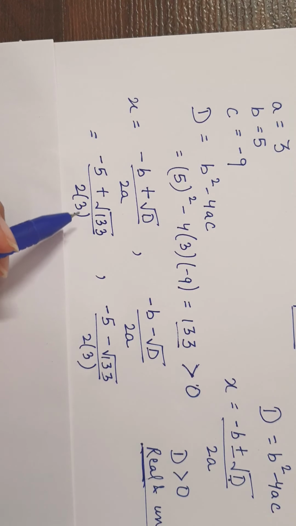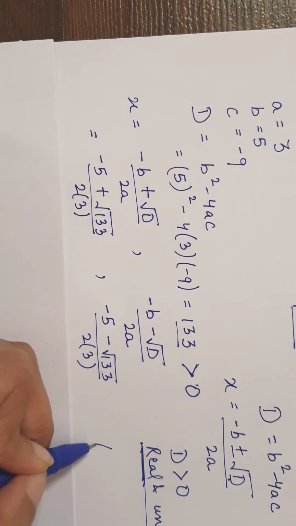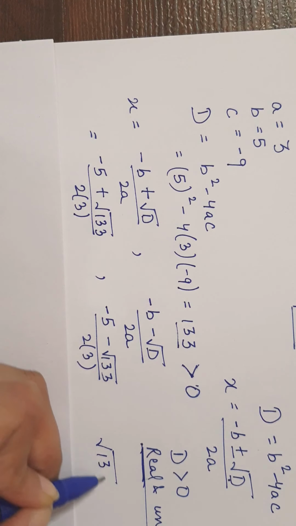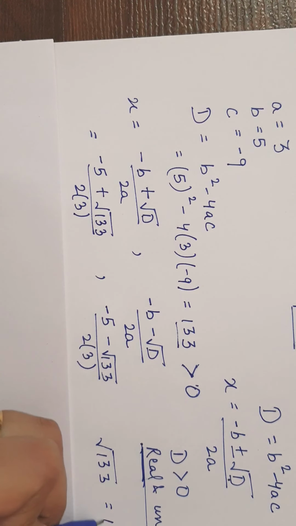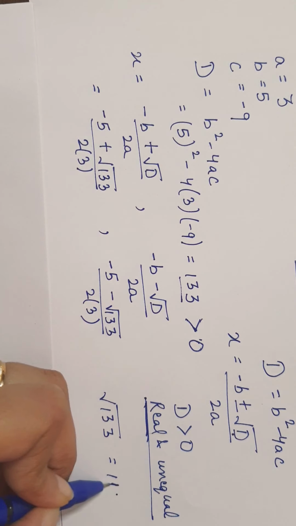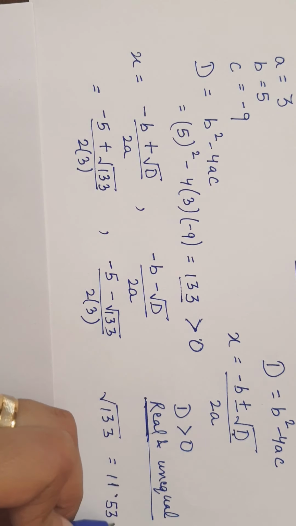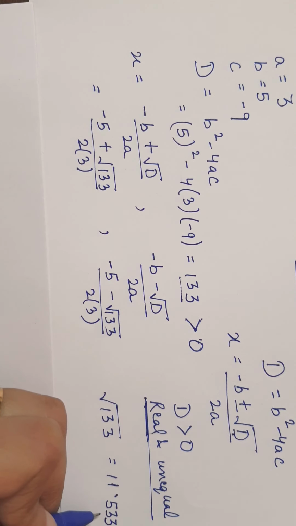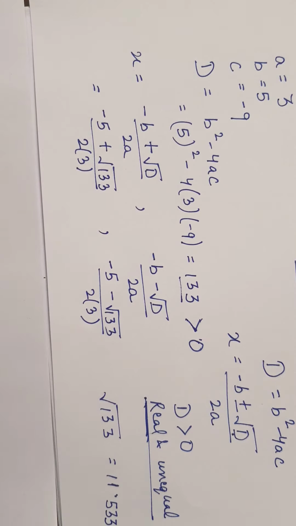Here, by actually applying long division, you will get root 133 equals 11.533. See, I have found till 3 places of decimal because the question says give your answer correct to 2 decimal places. So I had to find 1 extra place, and so you also have to find 1 extra place every time. Let's continue.